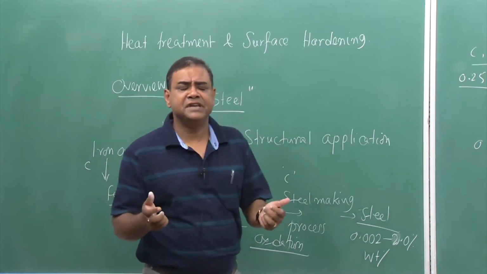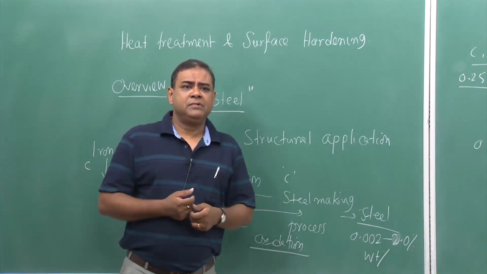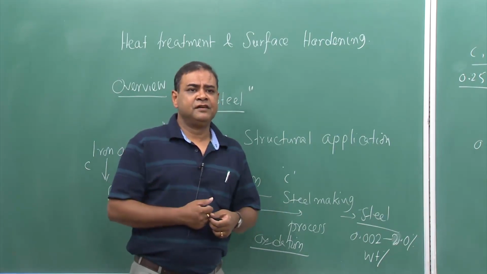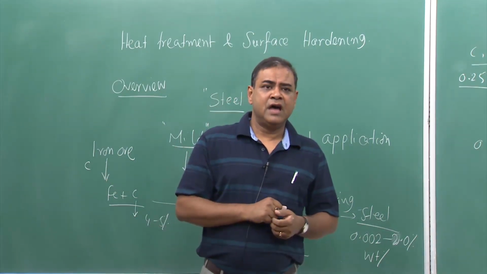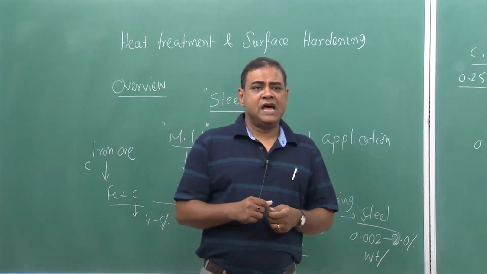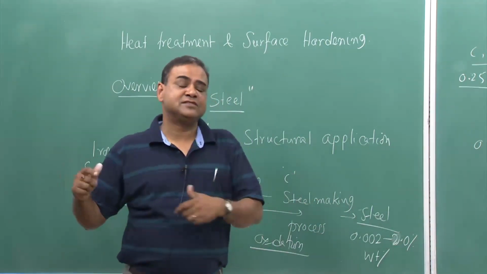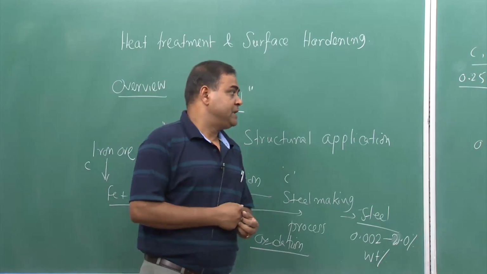Phase diagram is nothing but the equilibrium diagram of different phases appearing at different temperatures, and if we change the composition, this phase fraction would change as well as different phases might appear.